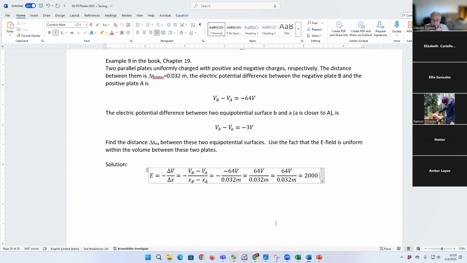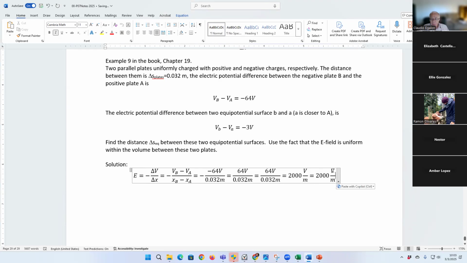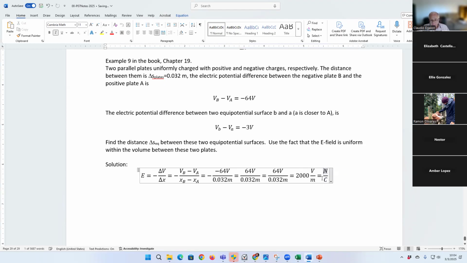And the unit is volt per meter. That's the value of the electric field. Volt per meter can also be written as Newton per Coulomb. It's exactly the same unit, written in a different way.